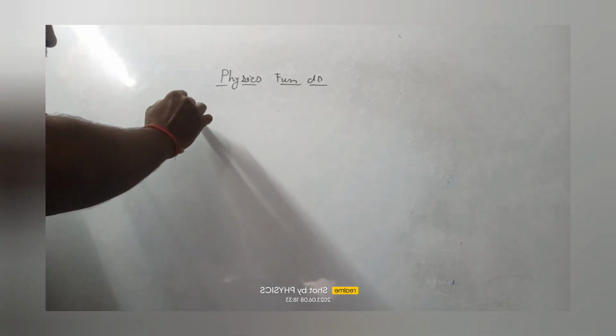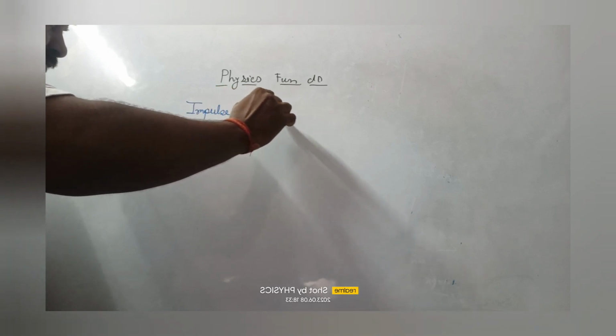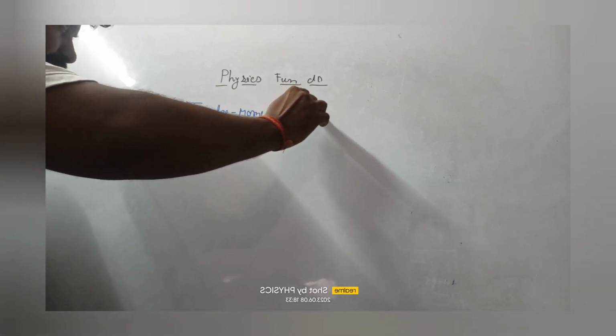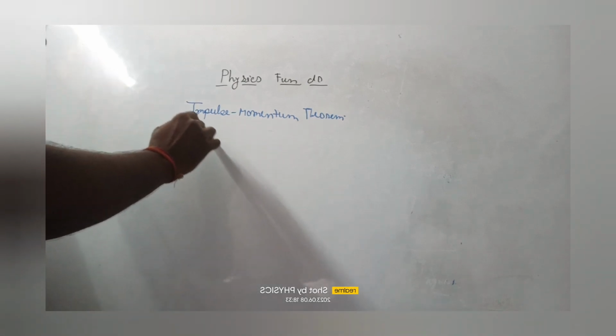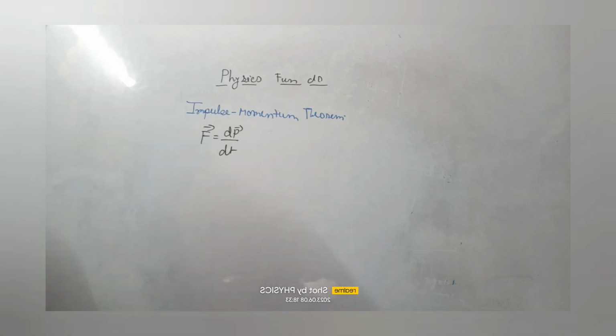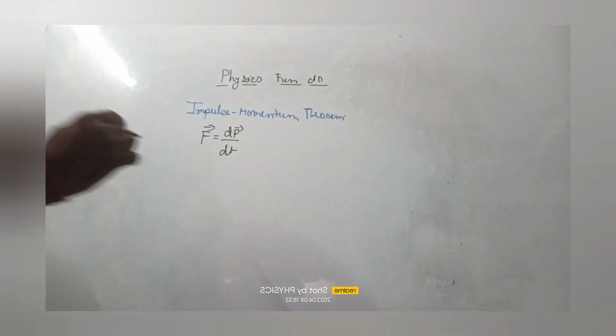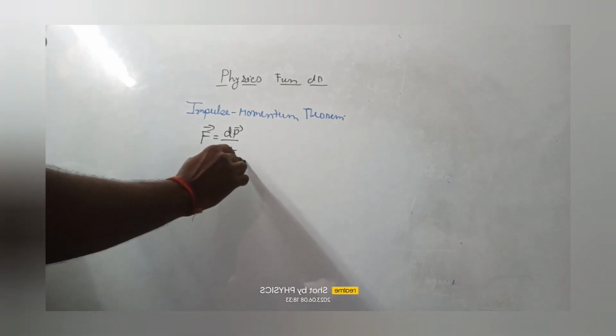Now let's move to the impulse momentum theorem. From Newton's second law of motion, we know that F is equal to dp by dt. We have already noted that. So dp is equal to F dt.